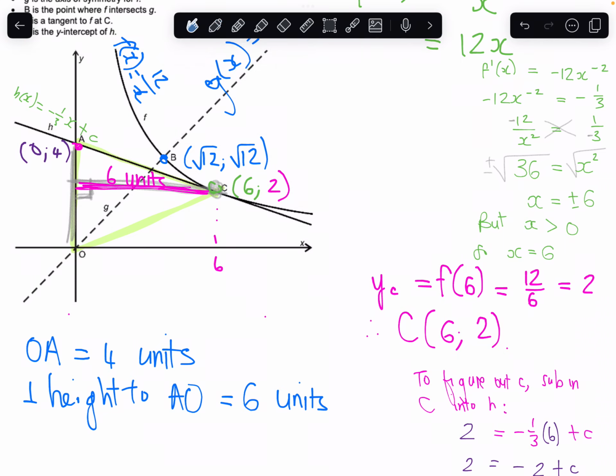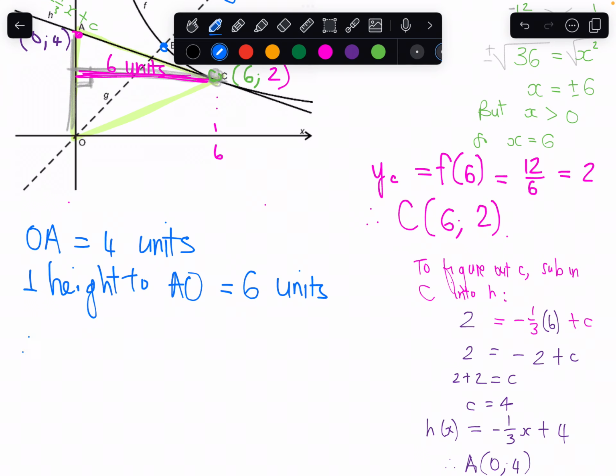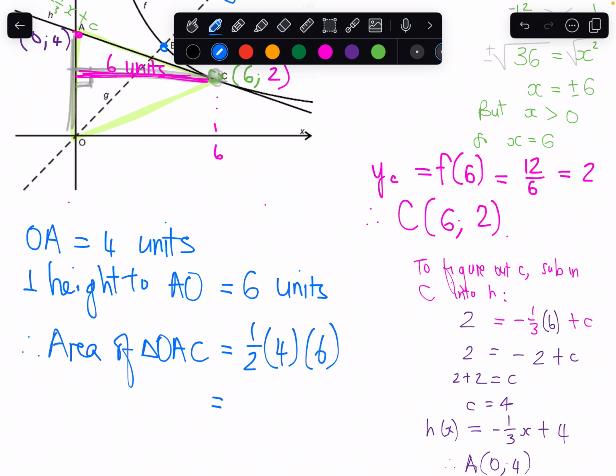And so the area of the triangle OAC is half base times perpendicular height, which is half of 24, which is 12 square units.